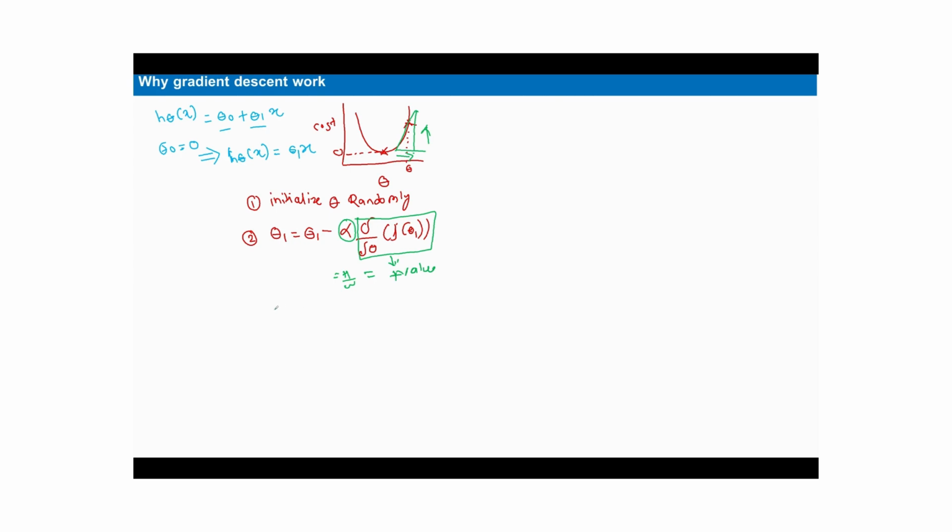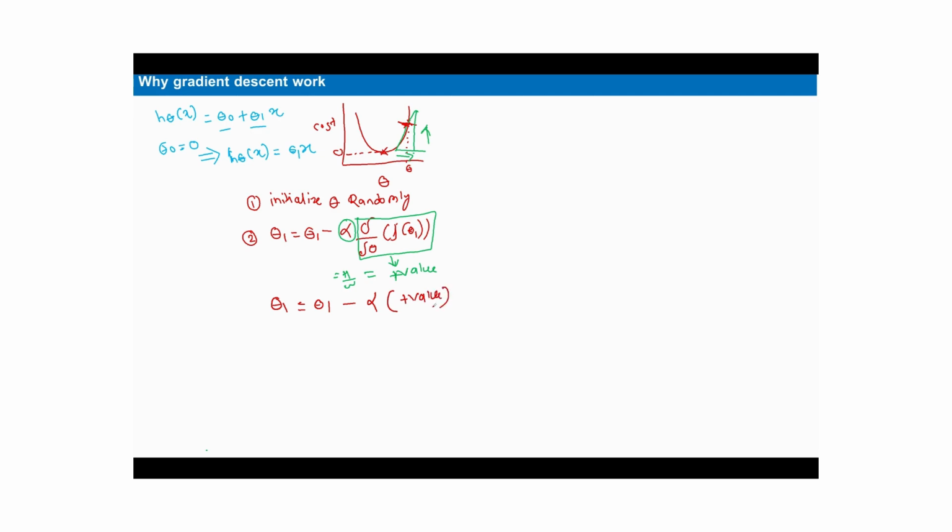So what we are doing is updating theta. Whatever the current theta 1 is, which is nothing but this point, we are updating it by the learning rate times some positive value.